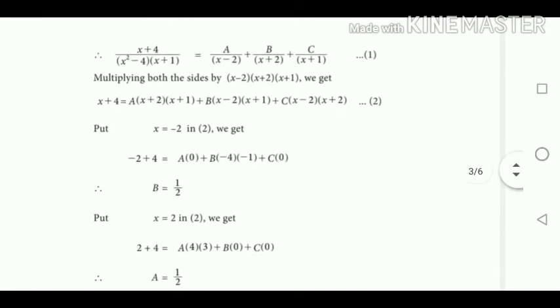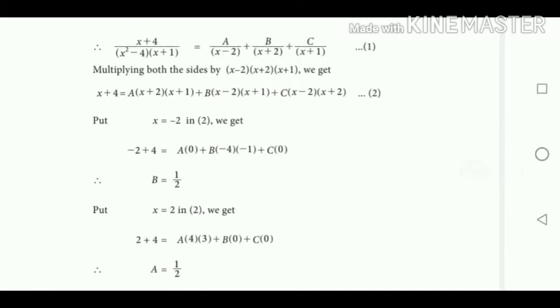Now the second rule is to multiply both sides by the factors you get. We are getting 3 factors, so we multiply by these 3 factors on both sides. On the left hand side, you are getting x plus 4 equals a into x minus 2 is cancelled, therefore we are getting a into x plus 2 into x plus 1.